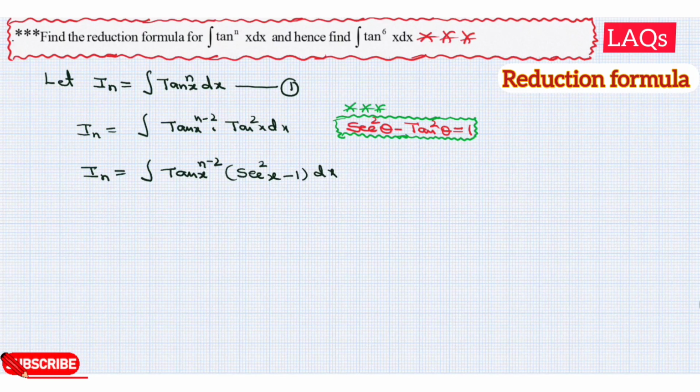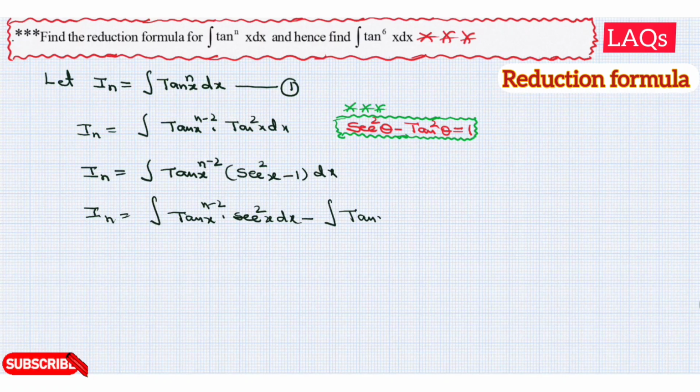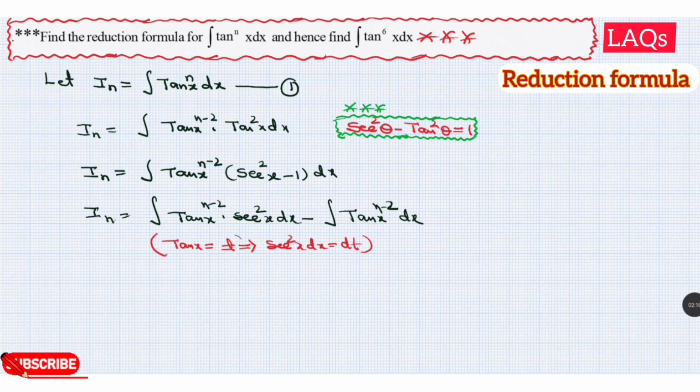Okay, I_n equals integration tan x power n minus 2 into secant square x dx minus integration tan x power n minus 2 dx. Okay, here let tan x equal to t, then we get secant square x dx equal to dt.